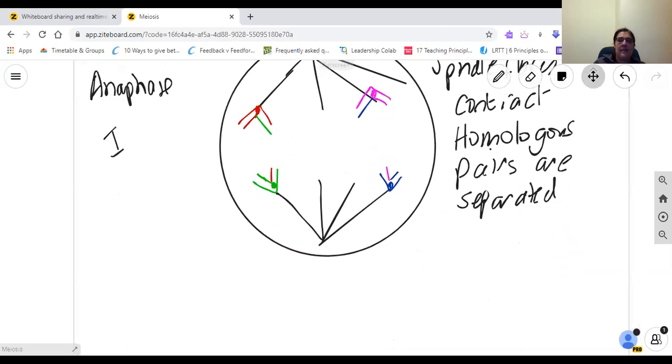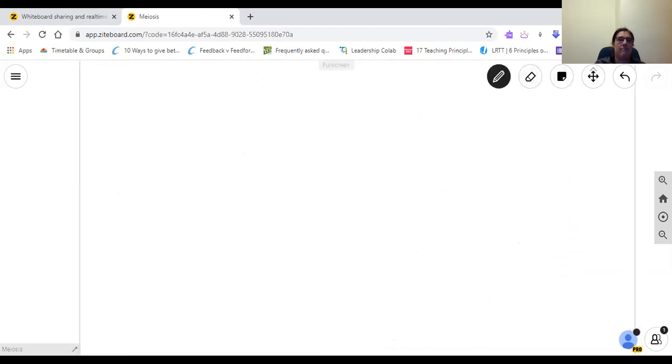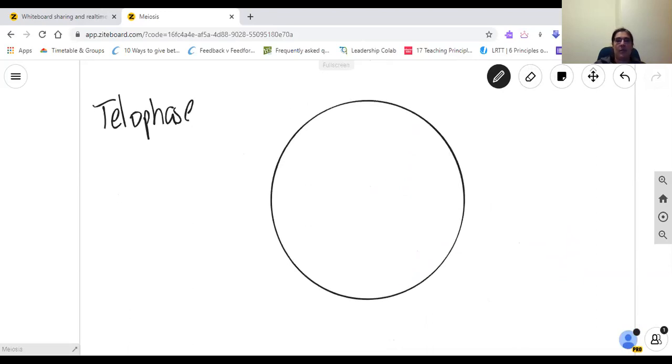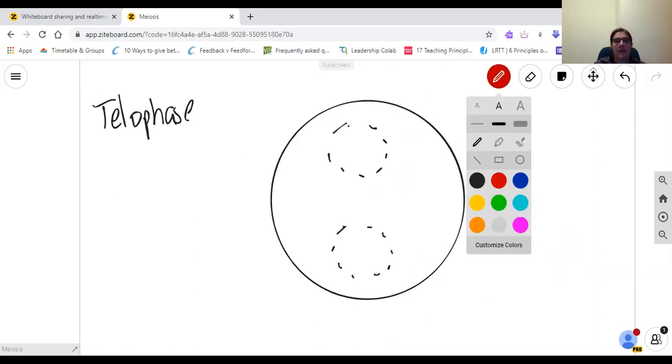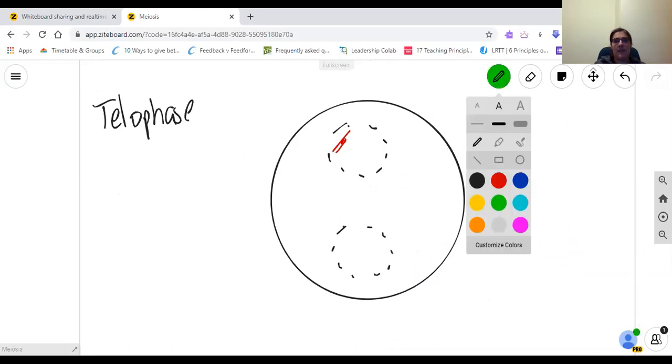We then get to telophase one. Now, telophase one does slightly vary depending on how long the cell is going to spend in meiosis one. But the idea of telophase one is that you've now ended up with two nuclear membranes forming, and you've got your chromosomes in here.